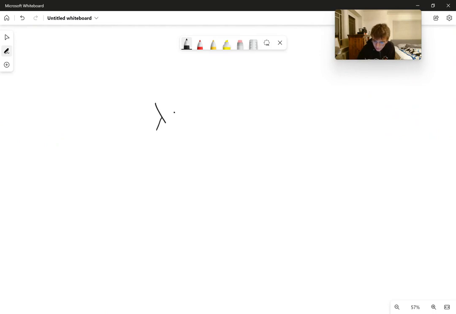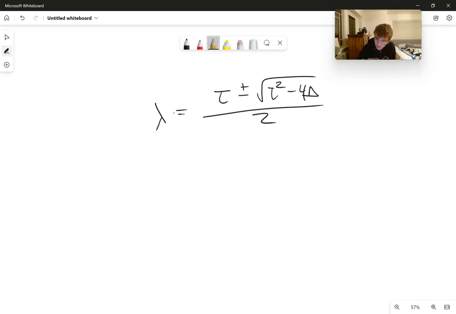Our formula is that lambda is equal to tau plus or minus the square root of tau squared minus 4 determinant, all over 2. We can see that so long as this square root is non-zero, we'll have distinct eigenvalues.